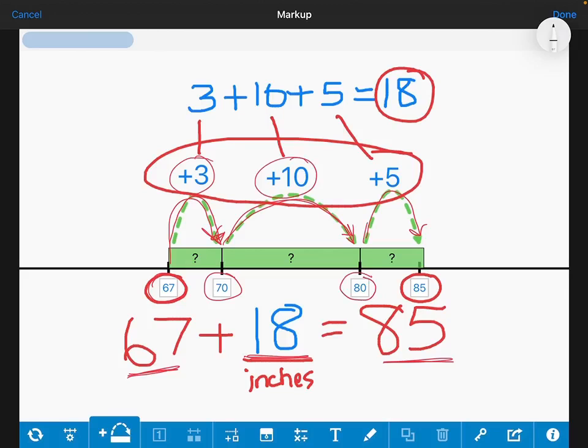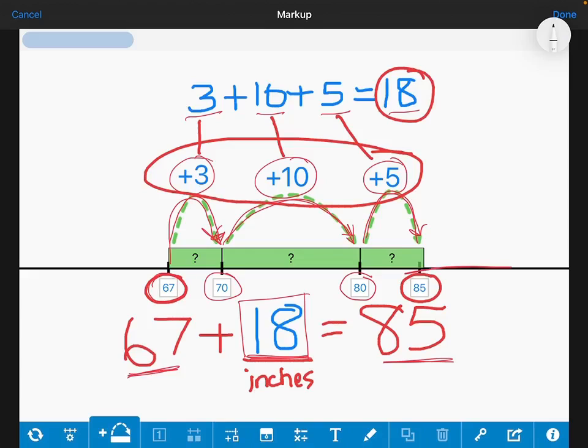And then I just had 5 left, so I hopped 5 more to get 85. When I add my hops together, I have 3 plus 10 plus 5, and those numbers add up to 18. So I know my missing number was 18. That was one way that I solved the problem, and maybe you used a number line.